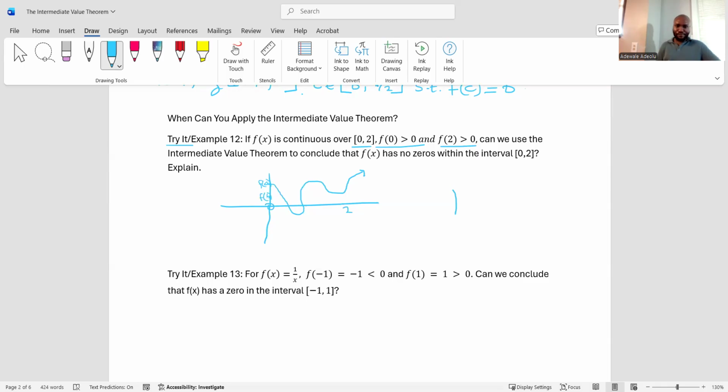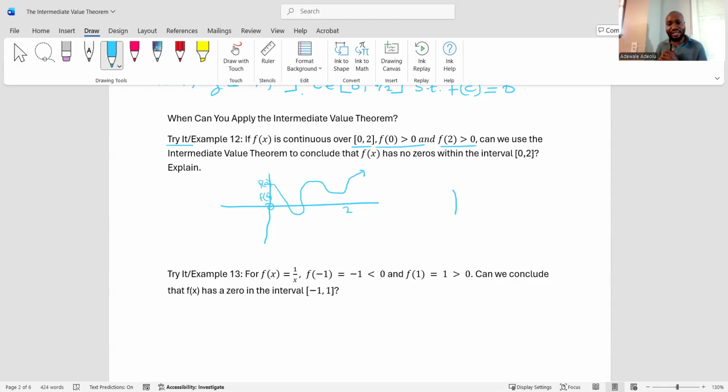Now, look at this. F of 0 is greater than 0. F of 2 is also greater than 0. Our function is continuous on that interval. Now, can we use IVT to conclude that f of x has no zeros within the interval 0, 2?